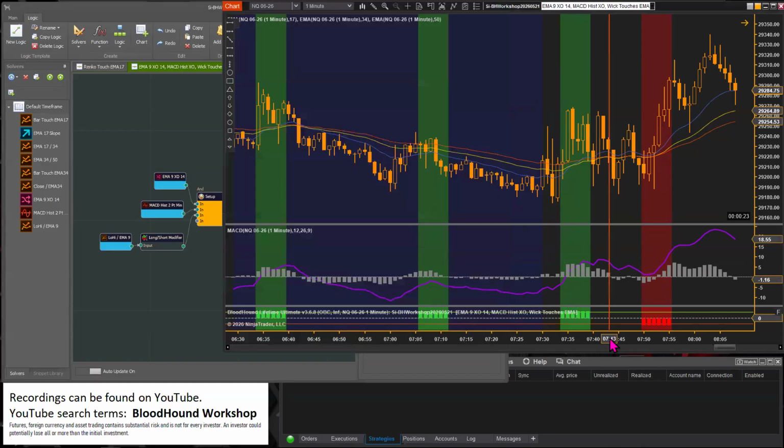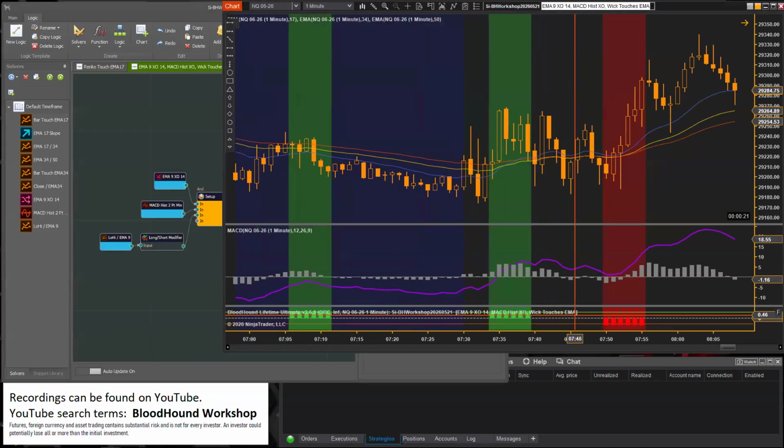All right. So again, what we're designing here is if the histogram pulls back or essentially moves in the opposite direction of the signal. So in this case, the MACD moves up when our signal is down, short. Same thing over here.